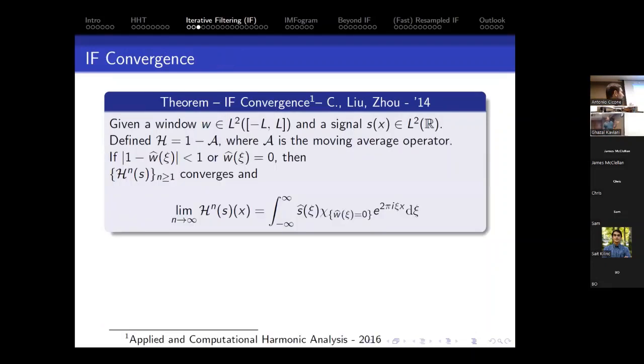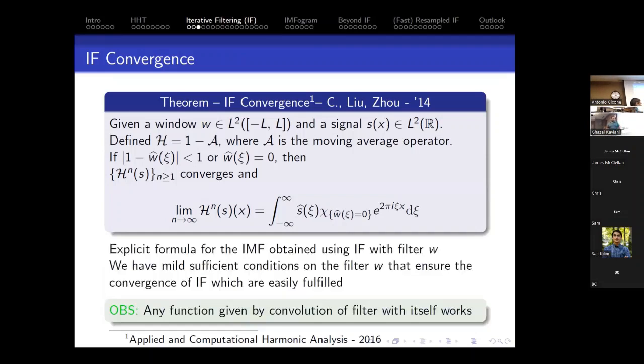Okay, so what we were able to prove back when I was here as a postdoc was the convergence of this method, okay? We were not only able to guarantee convergence, but we also provided an explicit formula which tells you what an IMF is going to be if you choose a specific filter. And this formula, or at least the hypothesis, also allows you to guarantee convergence a priori if you choose the W function, so the filter, in a special way.